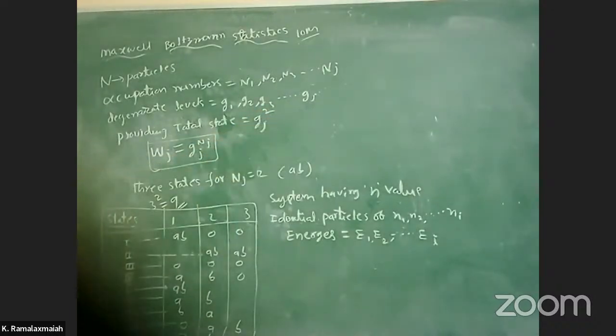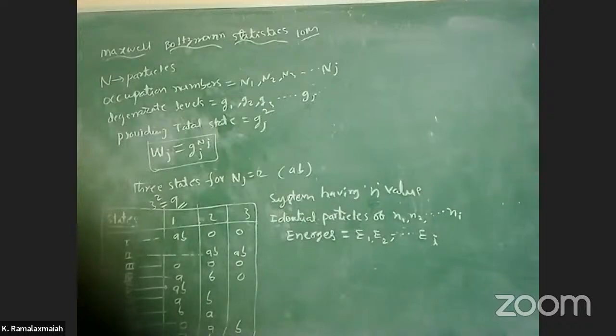The conditions of the Maxwell-Boltzmann statistics. That is four points. So the first point is the particles are distinguishable, no symmetry restriction exists.